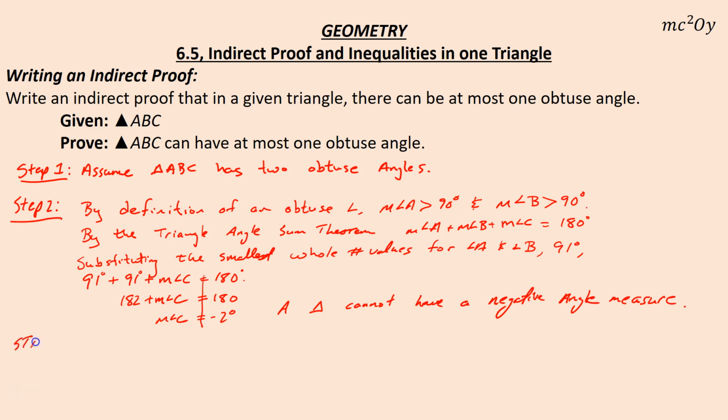Step 3 is our summary. The assumption that triangle ABC has two obtuse angles must be false.